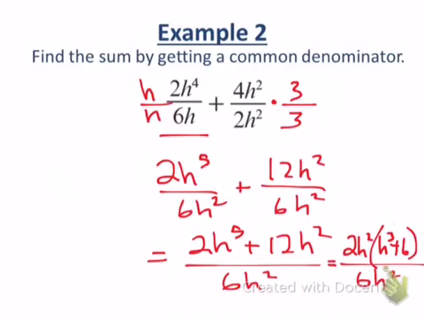The 2 and the 6 can cancel, leaving me with 3 on the bottom. And the h squareds can cancel, and that leaves me with h cubed plus 6 over 3.